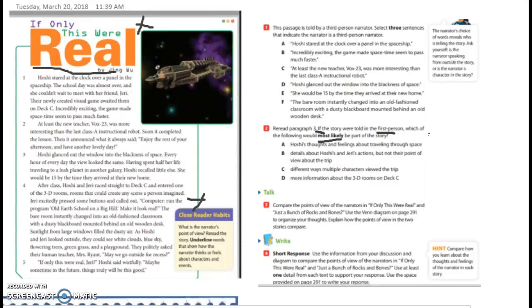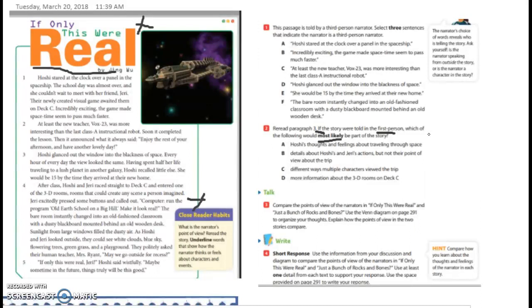As Hoshi and Jerry looked outside, they could see white clouds, blue skies, flowering trees, green grass, and a playground. They politely asked their human teacher, Miss Rant, "May we go outside for recess?" "If only this were real, Jerry," Hoshi said wishfully. "Maybe sometime in the future things truly will be this good."